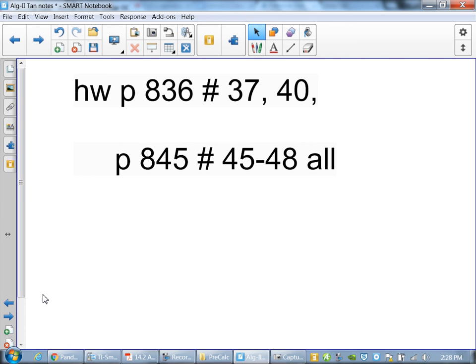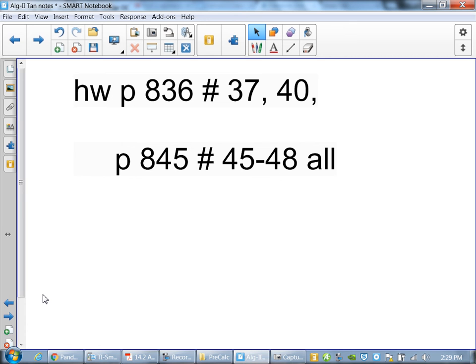I'm still thinking it'd probably be all right to go Tuesday, but we'll play it by ear. We'll do reciprocal. The test itself will cover 14, 3, 4, and graphs. We'll have simplify, verify, solve the equations, and then graphs.